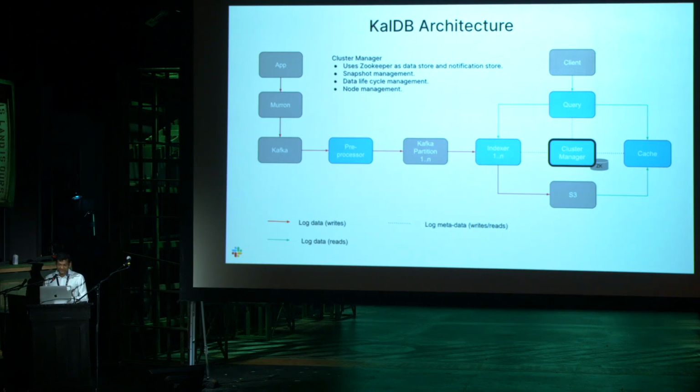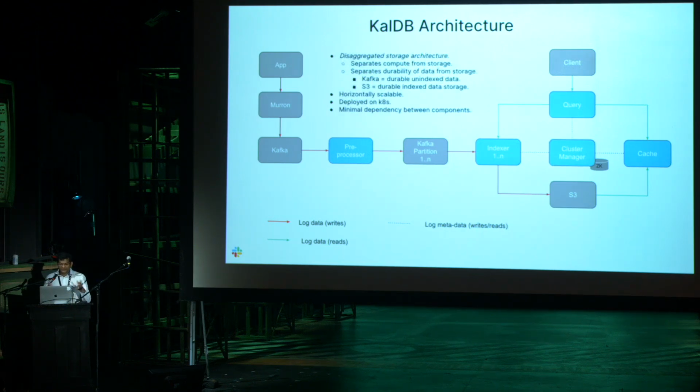The final thing that the cluster manager does is node management, which is whenever a new node joins or leaves the cluster, it makes sure that the work assigned to that node is handed off to someone else, or if the node is free, it gets some work to do, and also ensures that the node is actually doing the work. So overall, this is the disaggregated storage architecture that KalDB implements.